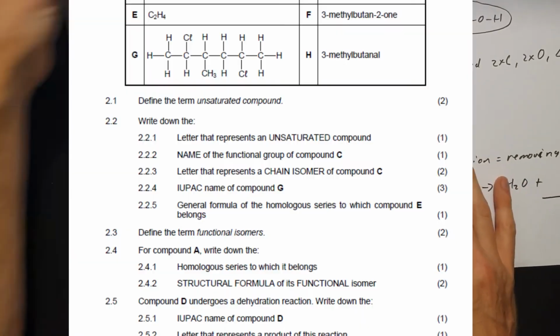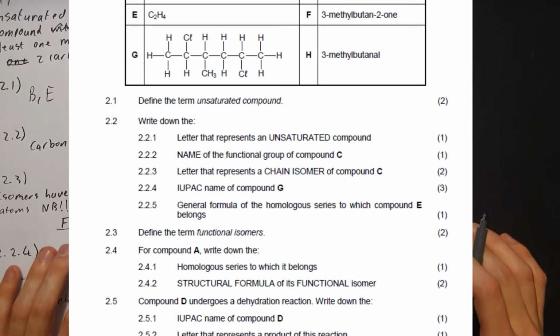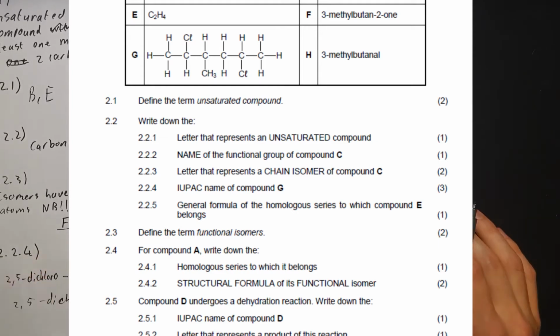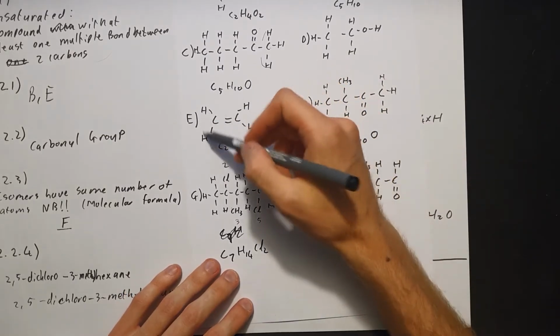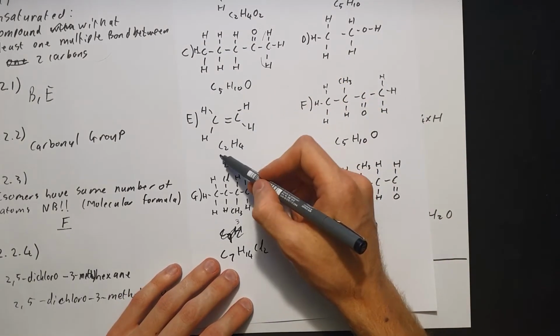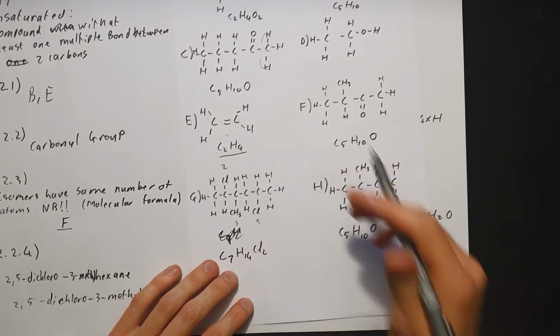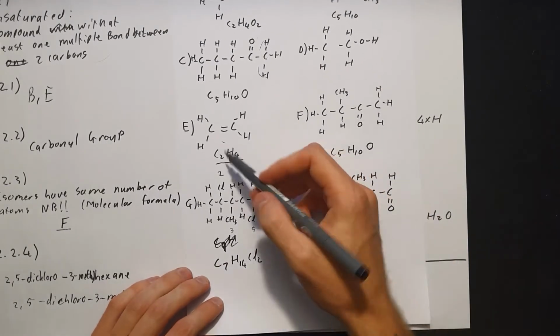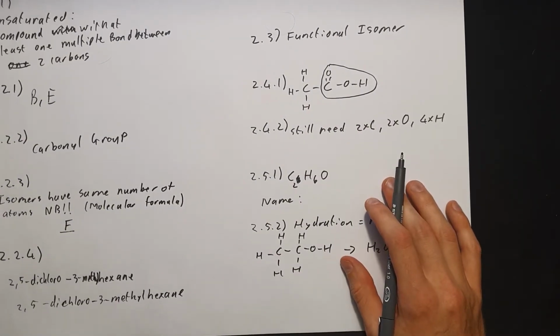Now, 2.2.5 says the general formula for the homologous series to which compound E belongs. Let's have a look at compound E quickly. I've drawn it over here, but they've just given it as C2H4. You can see that there's a double bond. Now we want the general formula for it.